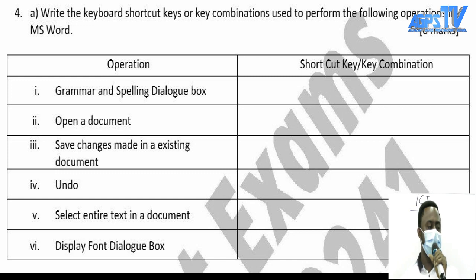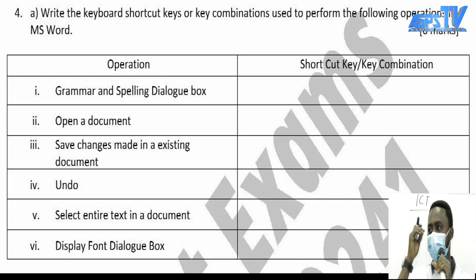Then we have undo. Then we have V, select entire text in a document. Then we have VI, display font dialog box.